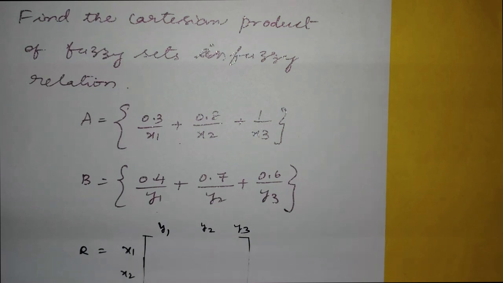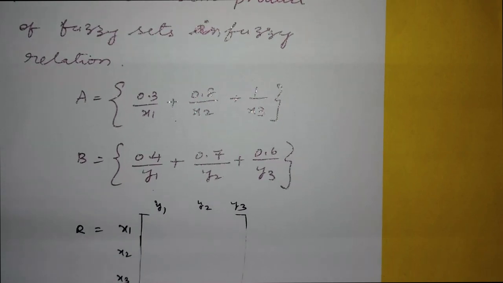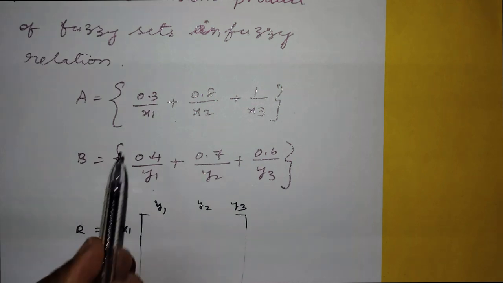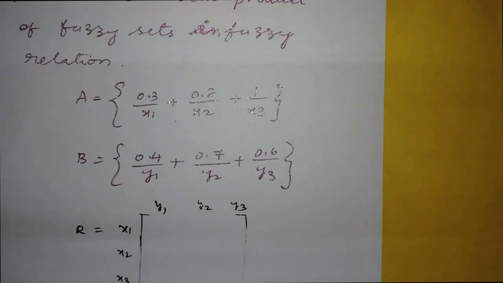The concept of the Cartesian product of fuzzy sets is that we have to consider the optimum value. What does optimum mean? The minimum value, the minimum degree of membership in relation to each element of fuzzy set A and fuzzy set B. We compare them and substitute the minimum value of the individual elements of A and B.